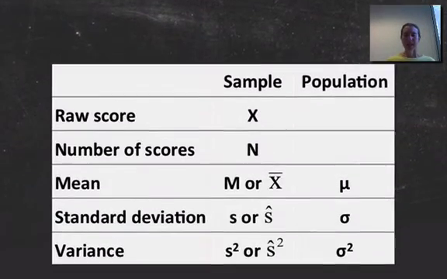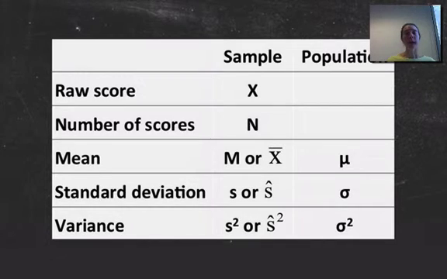Now, I said I wanted the average deviation, and the variance gives us an indication of things, but it's in squared units. And so it's hard to think about this average value that's squared. And if we go back to our language, our formulas, we can see here that the standard deviation is S and the variance is S squared.